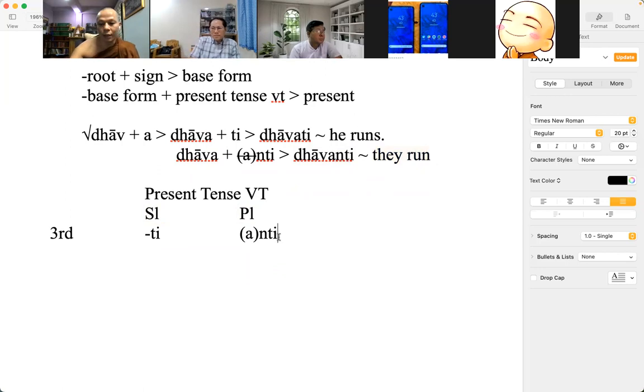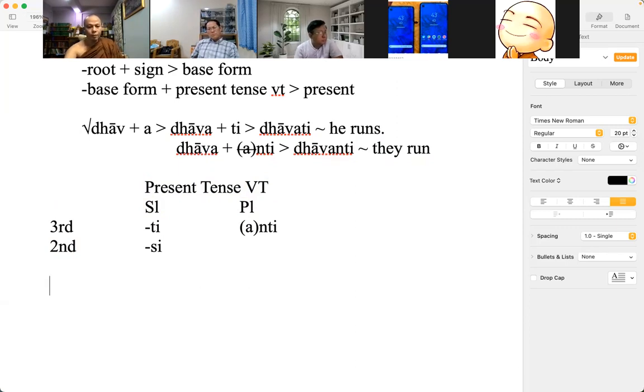Now let's go to the second person. Present tense, second person, singular, vowel termination is si. Okay.